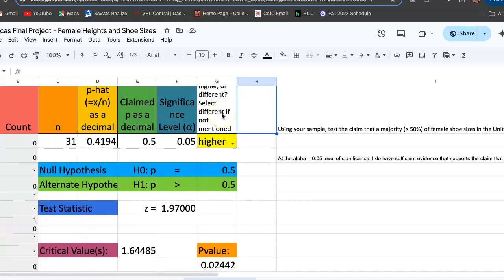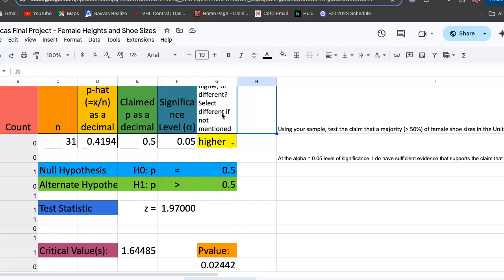And here, the null hypothesis is the proportion of women with shoe sizes above 8 is 50%, P equals 0.5. The alternative hypothesis is the proportion of women with shoe sizes above 8 is greater than 50%, P is greater than 0.5. I set the significance level to 0.05, which was the standard one given.